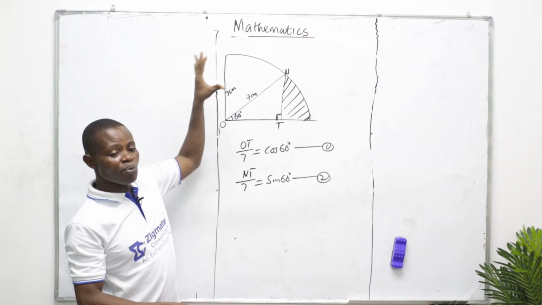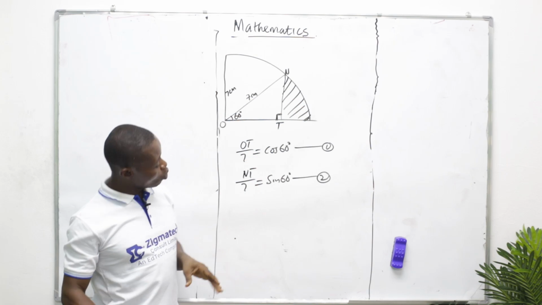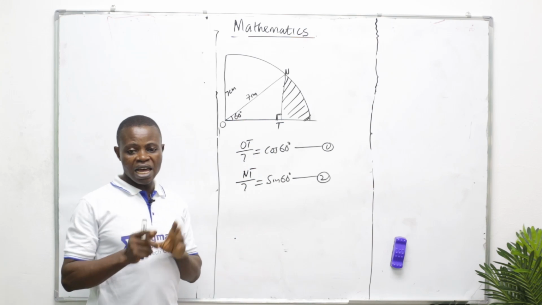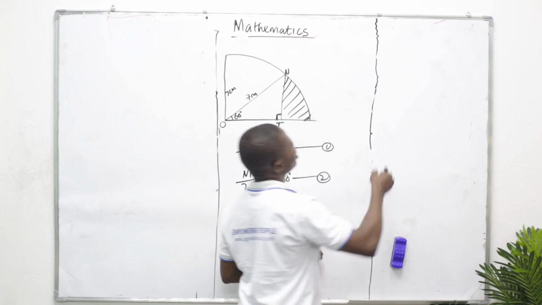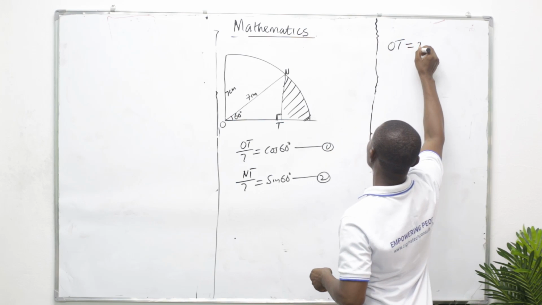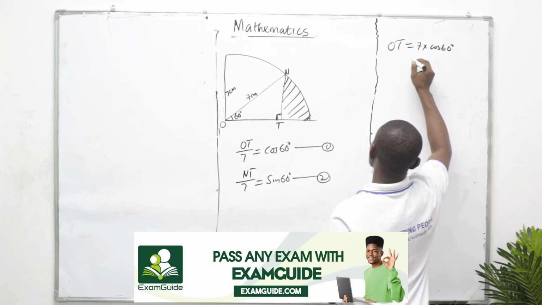But you cannot jump into the area of shaded portion without getting the necessary parts. What are the necessary parts? OT and what? NT. So if I want to solve for OT, OT implies 7 multiplied by cos 60 degrees.